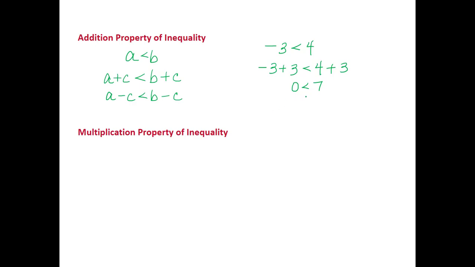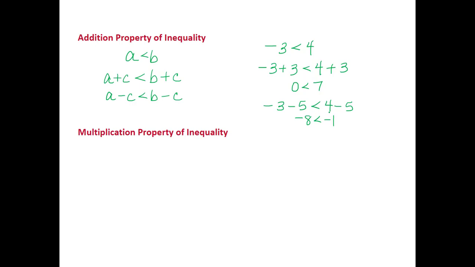The inequality is preserved when we add a number. Similarly, if we subtract 5 from each side, we get -3 - 5 < 4 - 5, or -8 < -1, which is still a true statement.